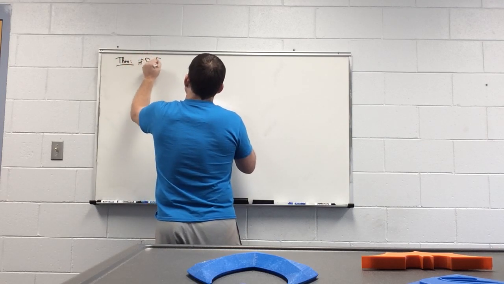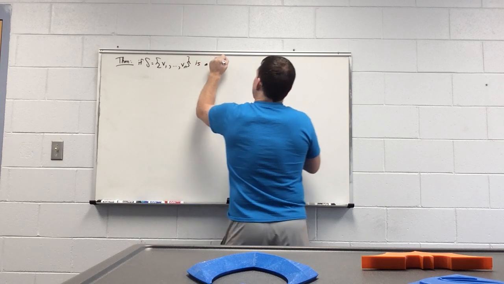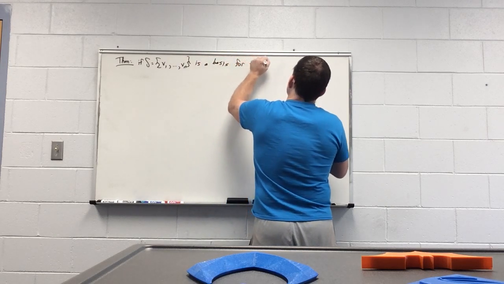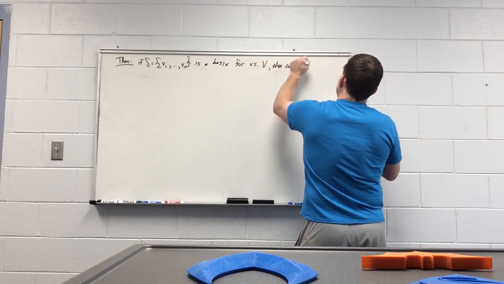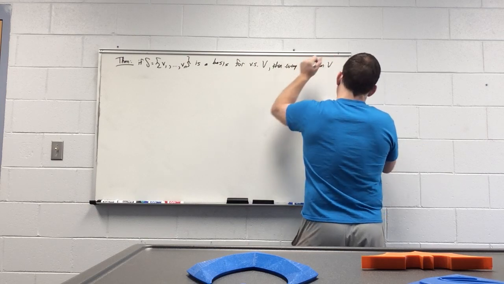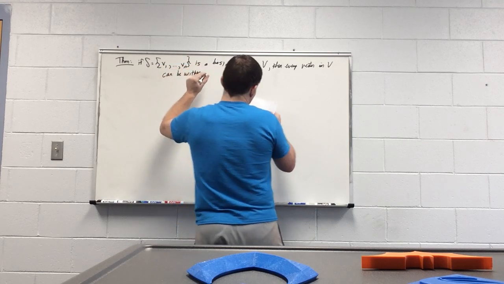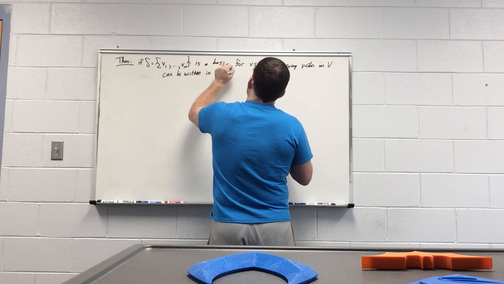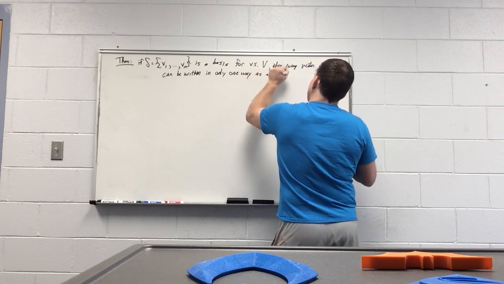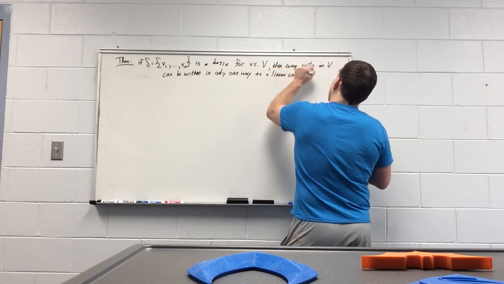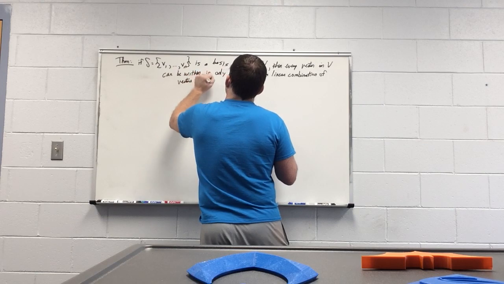If S is equal to V1 out to Vn is a basis for the vector space V, then every vector in V can be written in only one way as a linear combination of vectors in S.